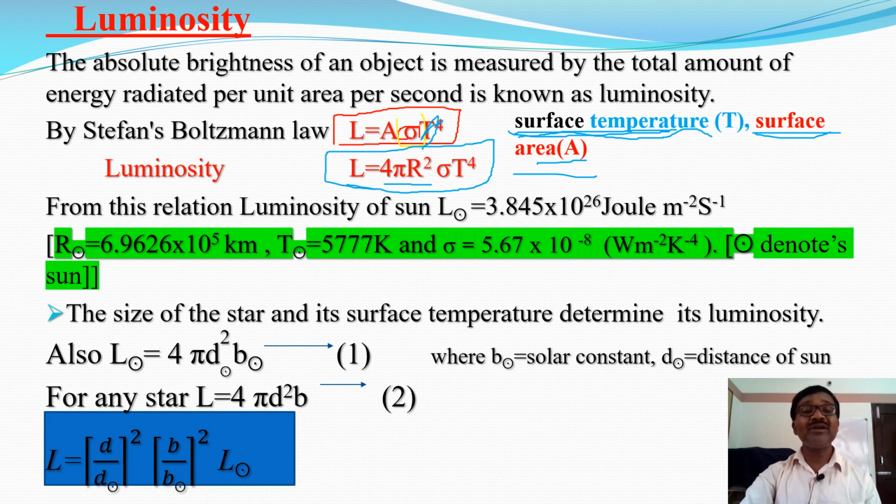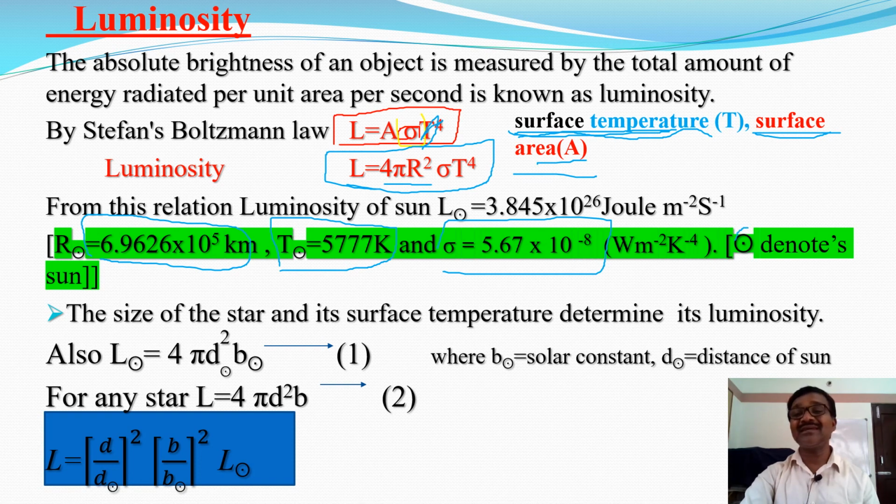So here let me find the luminosity of the sun by putting values in the equation. The radius of the sun is 6.96 into 10 raised to 5 kilometer. As we said, the surface temperature of our sun is around 5800 Kelvin. The Stefan constant sigma is equal to 5.67 into 10 raised to minus 8 watt per meter square Kelvin to the fourth.